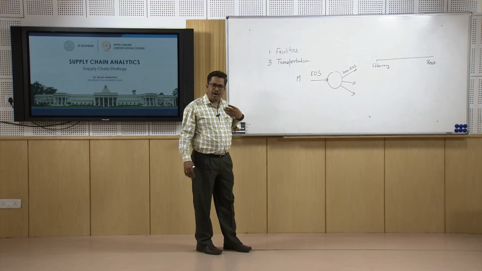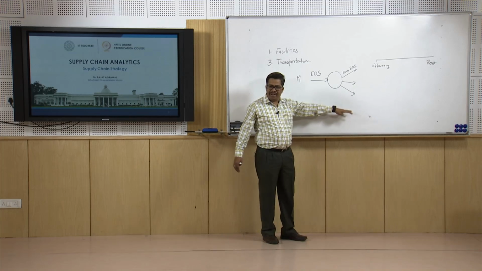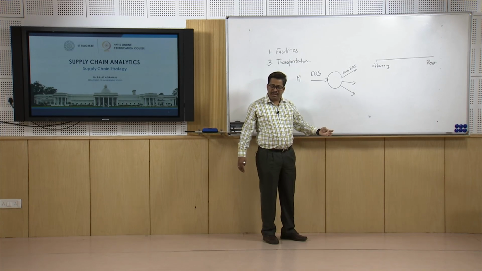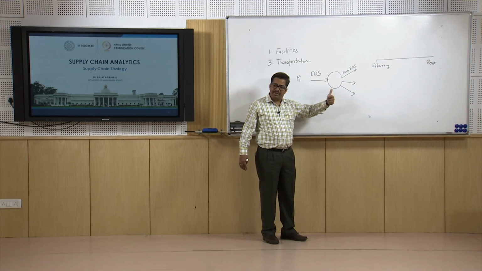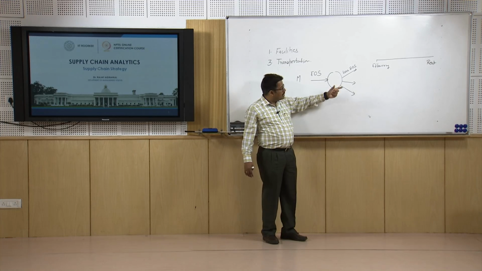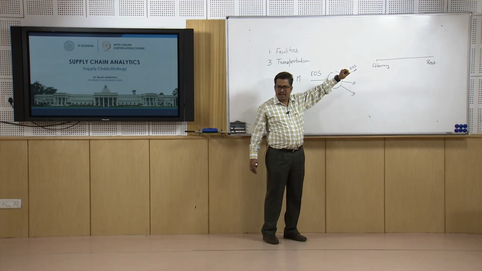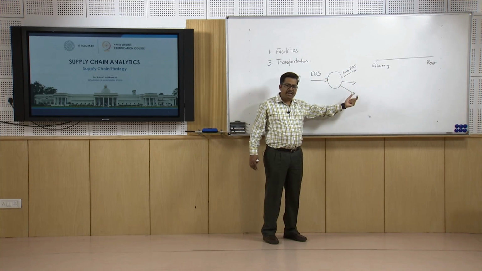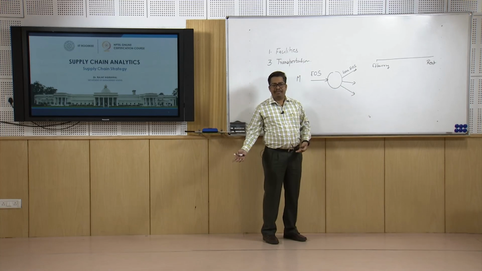Today I am operating with a lot of responsiveness in my outbound distribution, but tomorrow it is possible that I may not like to have that high level of responsiveness, and I may close some of my outbound legs, and then try to consolidate to become more efficient in my outbound transportation. Vice versa is also possible.